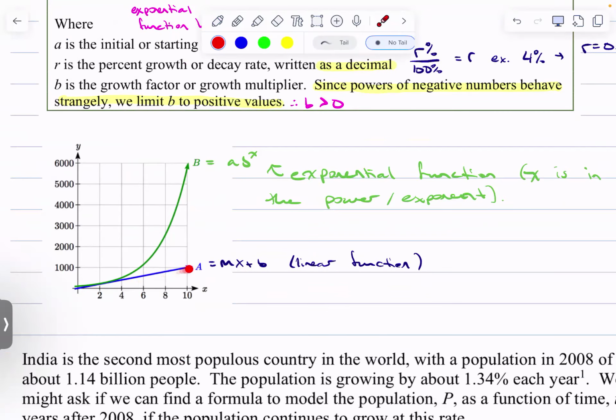It would look like this, right? y equals mx plus b, or a equals mx plus b in this case. And then we can have an exponential function, which starts off looking similar, right? Starts off at a starting point and it kind of takes time to grow. And then once we hit some power of x, all of a sudden things start taking off, right? And so that's what an exponential function is going to look like. Okay. A decay function, let's see here, I'll use orange. A decay function might look like this.